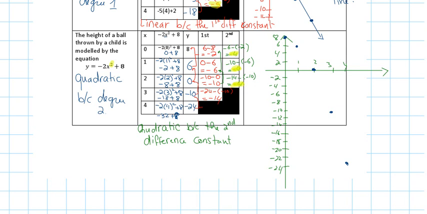If I look at this and I want to draw a line, there's no way, if I draw a line through the first 2 points or second 2 points, that any of the points actually line up on the line. You see how they're way far off? So we know that this is not a straight line. Which means if I'm going to graph this, it's going to be curvy, and it's going to keep stretching down.